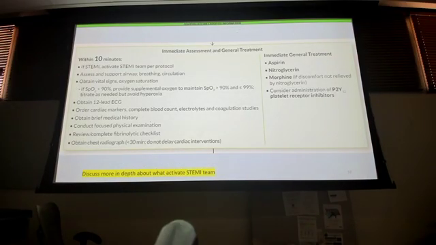But now that we've gotten to the ER, you can see the time limit that the medical team has is within 10 minutes, they need to activate the STEMI team protocol if it's a STEMI, which the ways to kind of activate STEMI depend on your hospital facility.